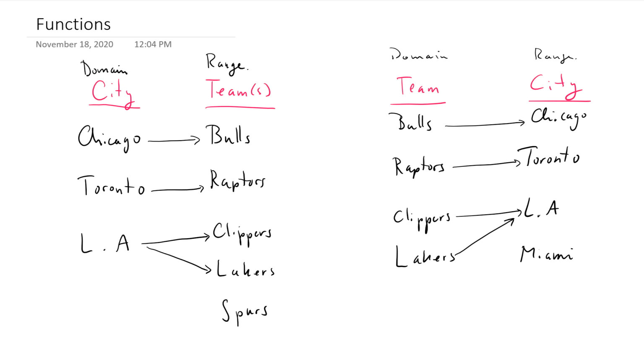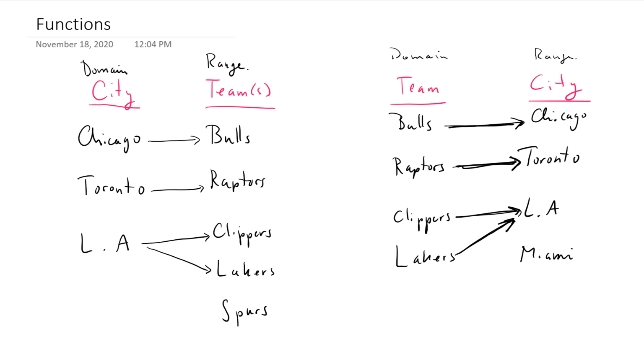But the difference between the correspondence on the right-hand side and the one on the left-hand side is that for any element of the domain, for the correspondence illustrated on the right-hand side, there's always a single arrow leaving from a team to a city.